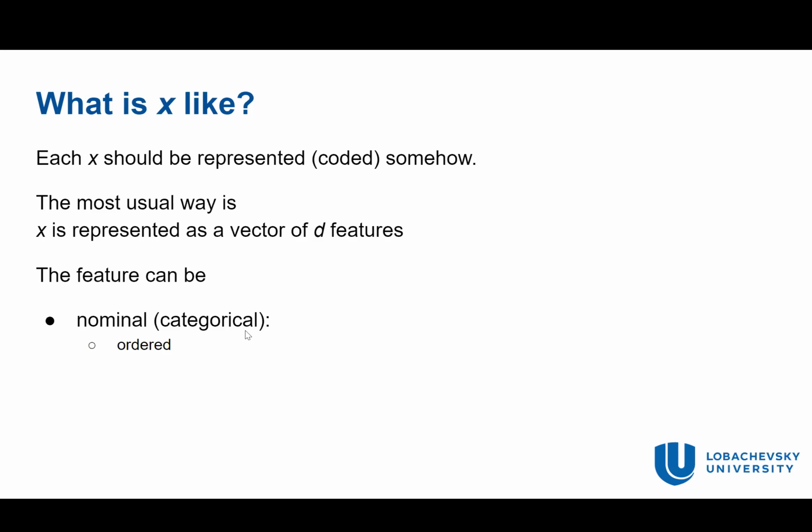Nominal features can be divided into ordered features and unordered features, and numerical features are real features or discrete features. There are other types of features, but we will consider only nominal and numerical features.